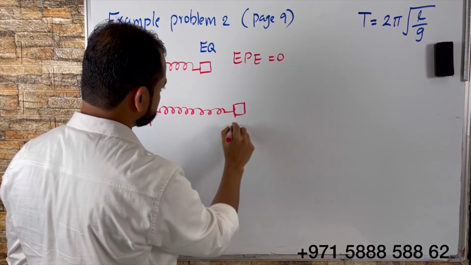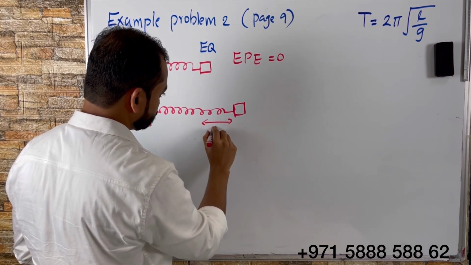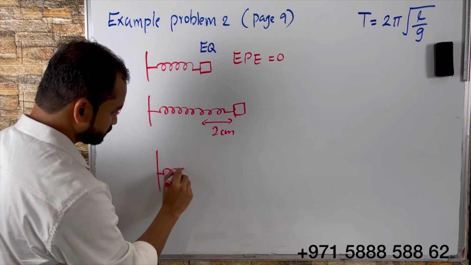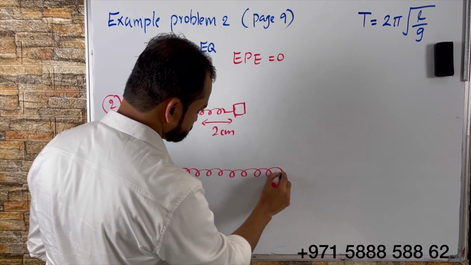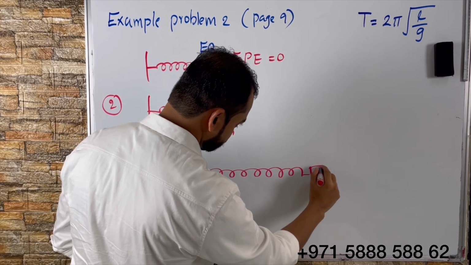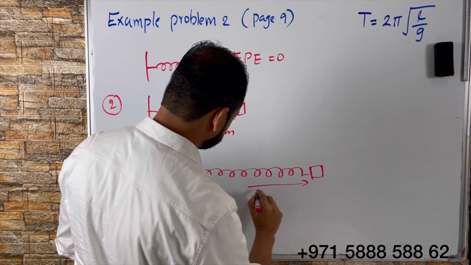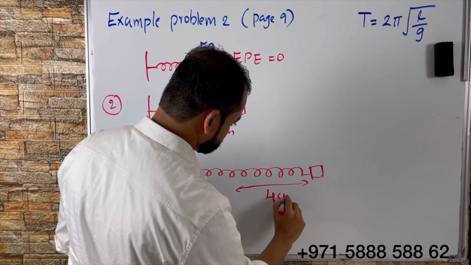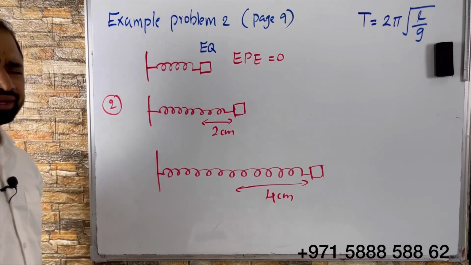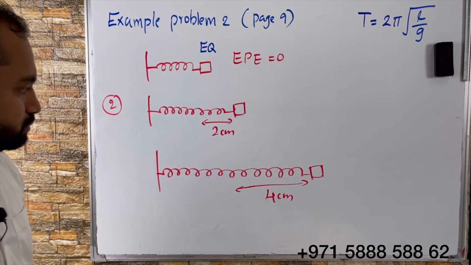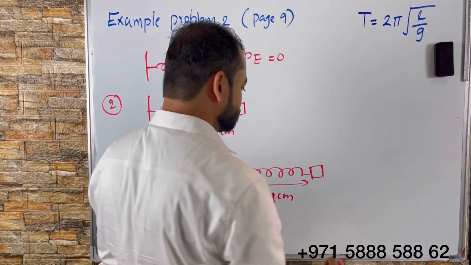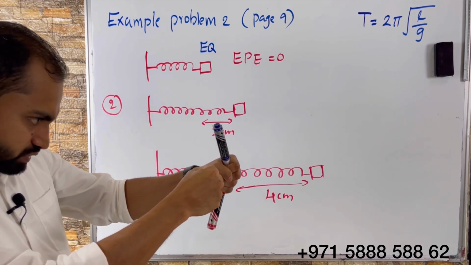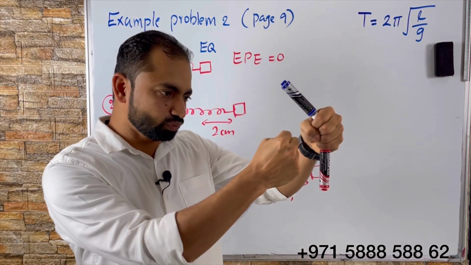The spring is extended by 2 centimeter, and so there will be elastic potential energy. And here the spring is extended again, for example, from here up to here, 4 centimeter. So more extension means more length, more stretched, right? So more potential energy, because when we stretch a spring, I am applying a force on the spring.